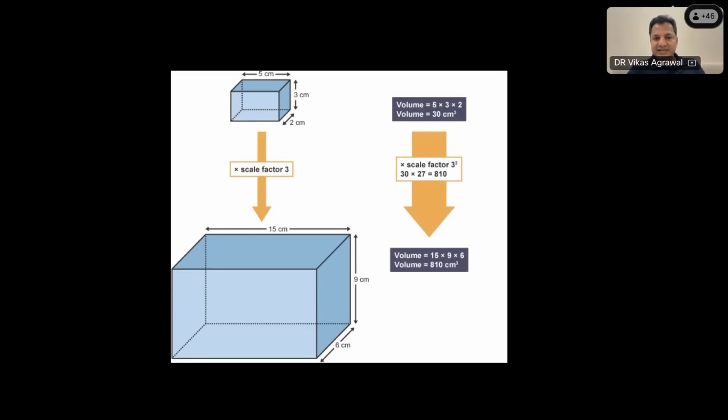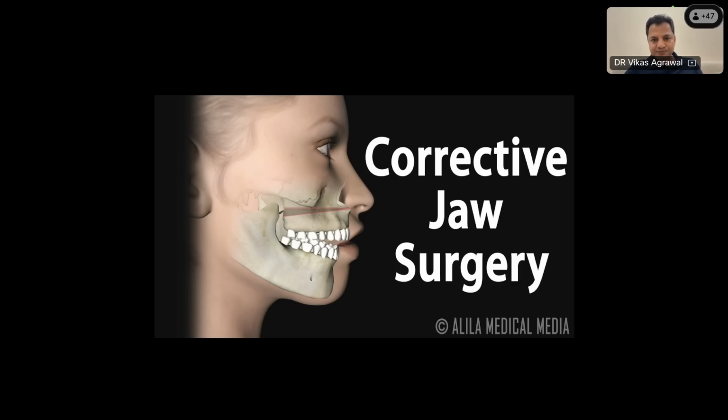If you increase it by a scale factor of 3, the volume increases 3 to the power 3, because it is length, breadth, and height. So a little bit of increase in the maxilla size or the mandible size leads to a space which is much, much bigger, which can accommodate a large amount of soft tissue.